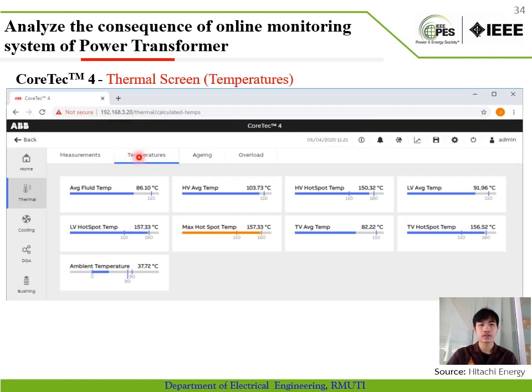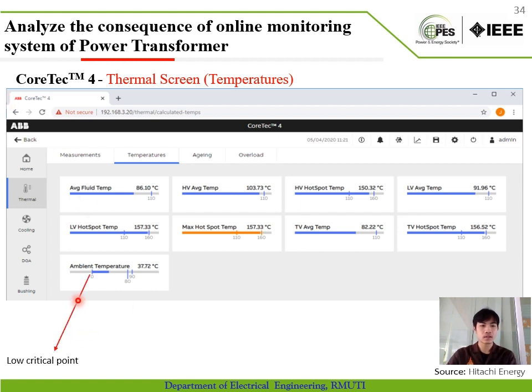On this temperature subscreen, it provides the operator with values such as average fluid temperature, which is the oil temperature; high volt, low volt, and tertiary temperature, which are the transformer winding temperatures; and hotspot temperature, which is a value calculated from ambient temperature and top oil temperature.